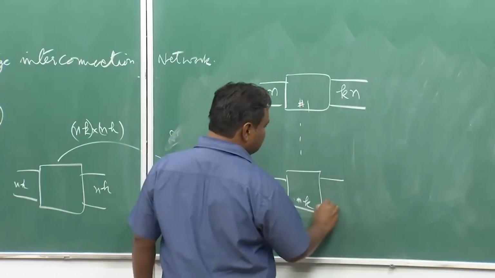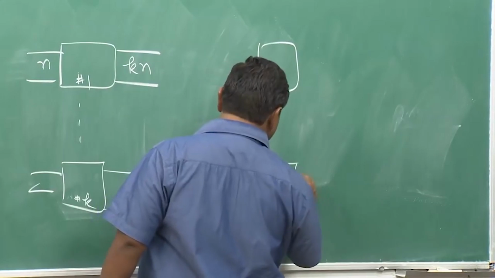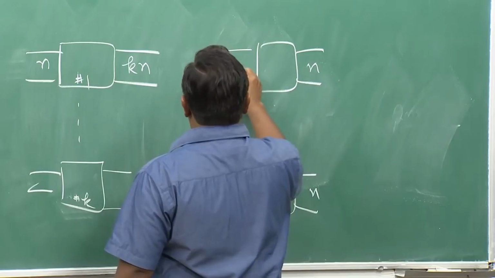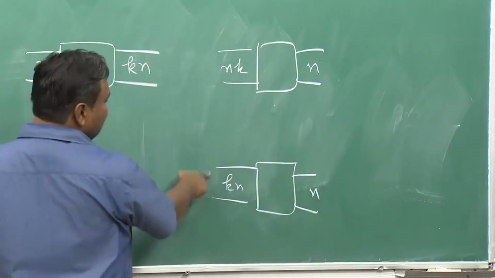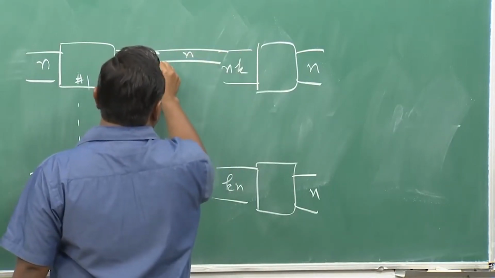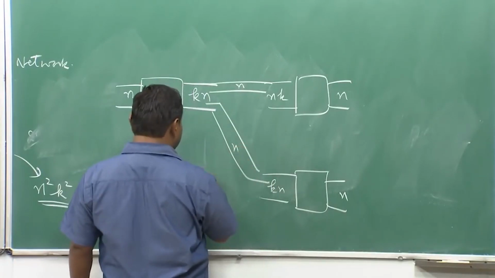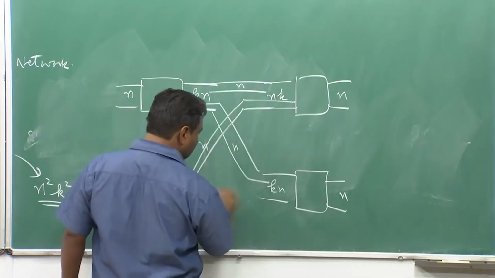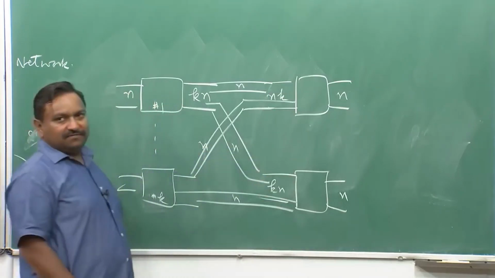So k such units, and similarly I will have similar units in the second stage also. Since they are kn, I will be taking n here and to the last one, and the same n here, and of course to all intermediate ones.